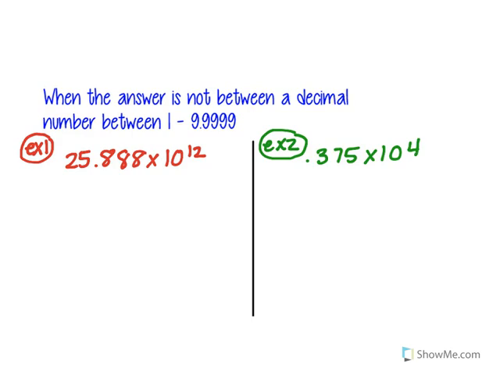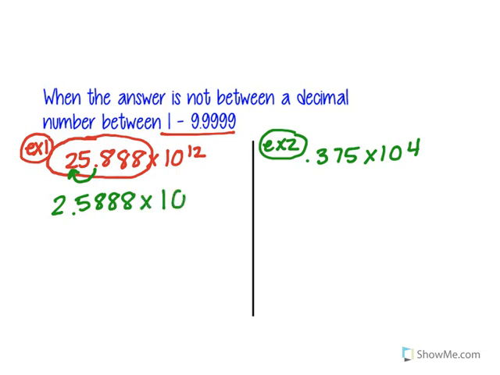So with this coefficient, 25.888, we want to make this a number between 1 and 9.9, so we're going to have to move the decimal place one space to the left to make this number 2.5888 times 10.